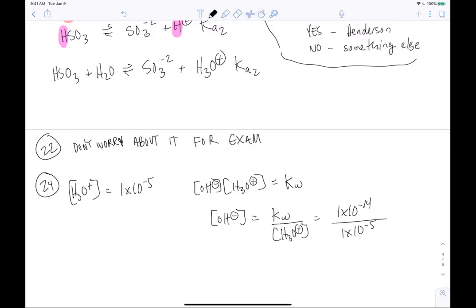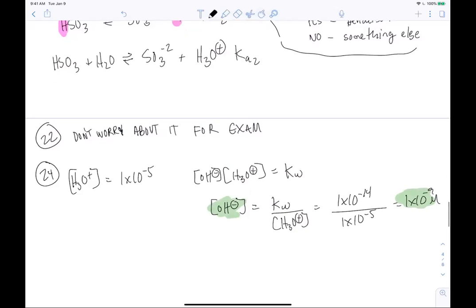So 14 minus 5, so 1 times 10 to the minus 9 ends up being the answer. So hydroxide is just this. Probably put some units on that. You should be able to go back and forth between pH and pOH.